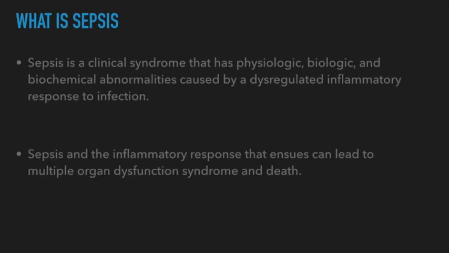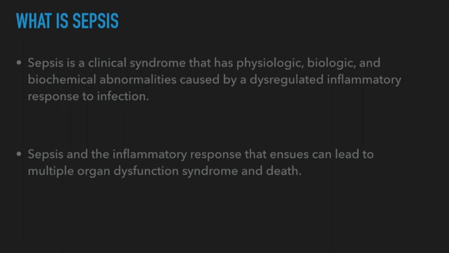So what is sepsis? Sepsis is a clinical syndrome that has physiologic, biologic, and biochemical abnormalities caused by a dysregulated inflammatory response to infection. Sepsis and the inflammatory response that ensues can lead to multiple organ dysfunction syndrome and death, which is why it's so important to become familiar with how to identify sepsis.